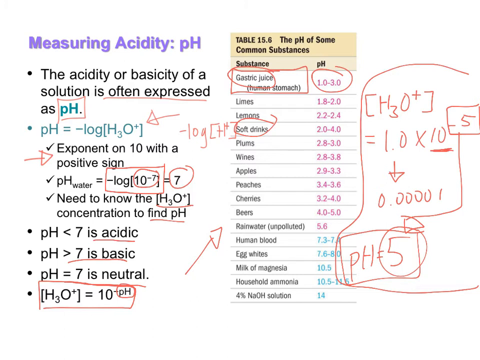It's all that phosphoric acid. The pH of peaches is around 3 something, and there are a bunch of other ones. And then look at these really basic ones: milk of magnesia, household ammonia, and pure sodium hydroxide, very, very high, 14.